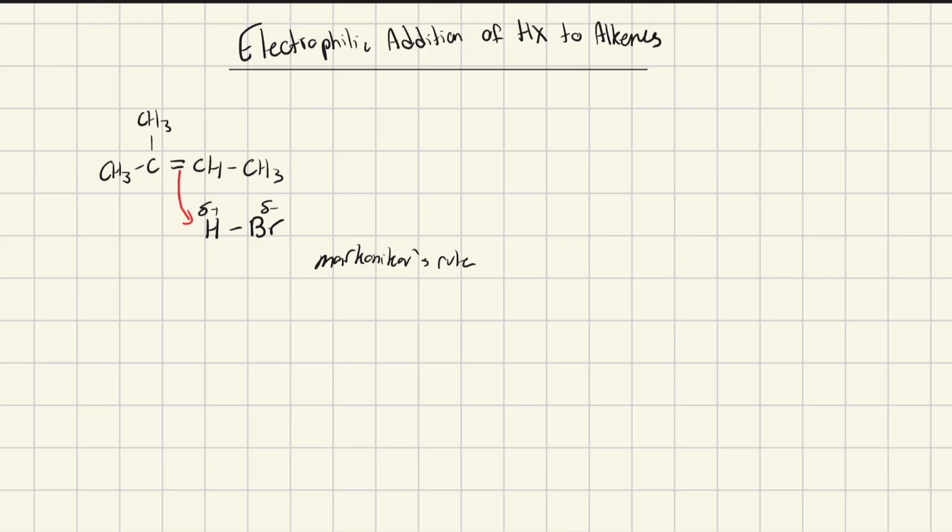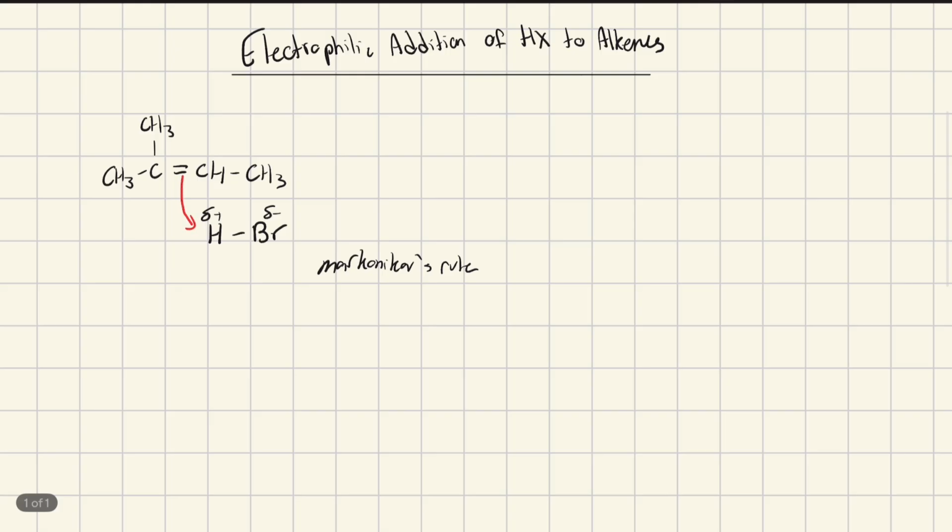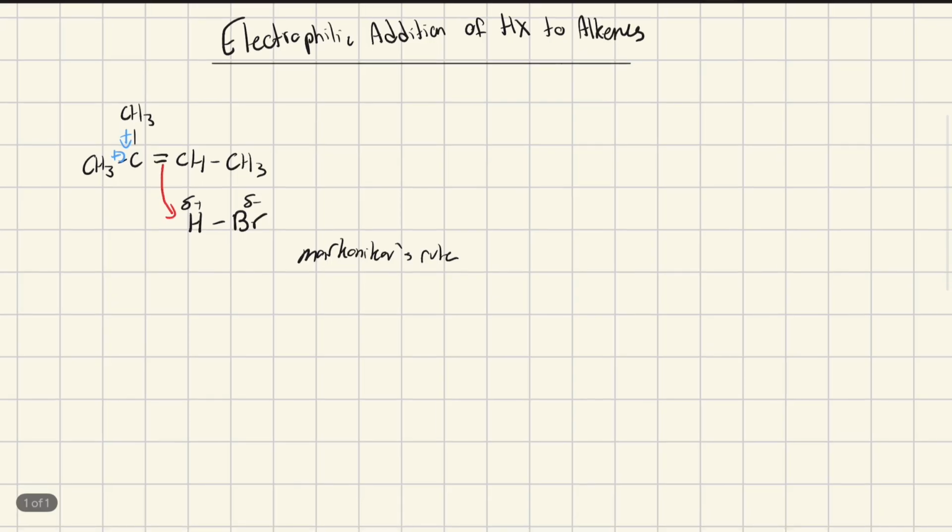Well, if we look at the carbon on the left side of the double bond, we have 2 alkyl groups acting as electron donors, so they're going to donate electron density. Whereas the carbon on the right only has 1 alkyl group. So even though they're both getting electron density donated, the carbocation would be more stable if it's on the carbon to the left.